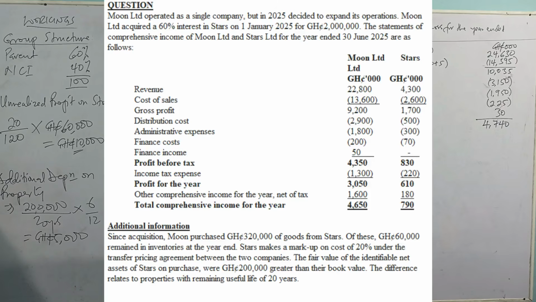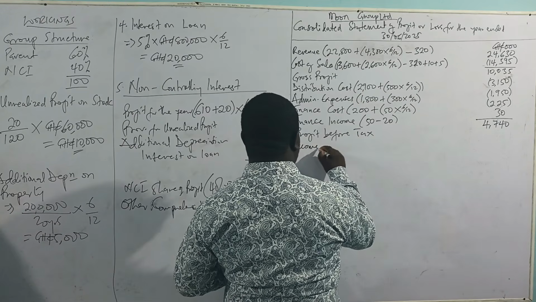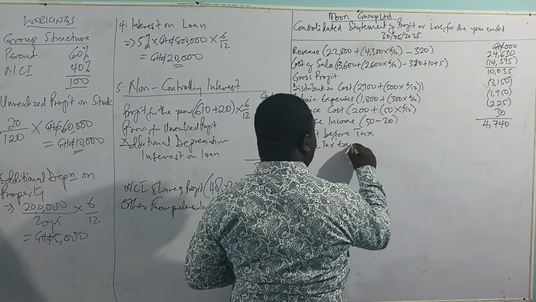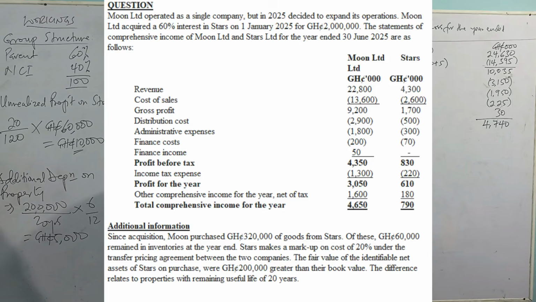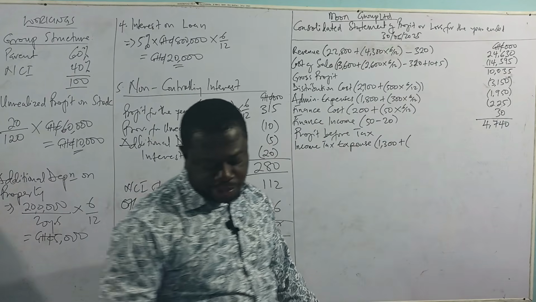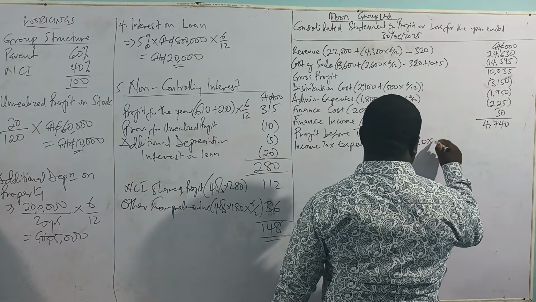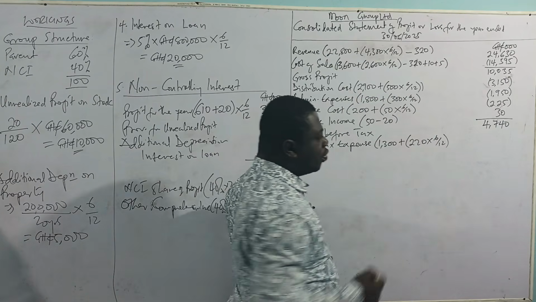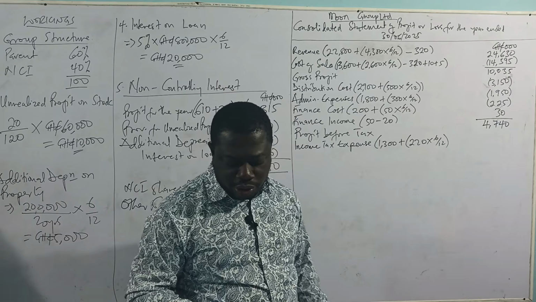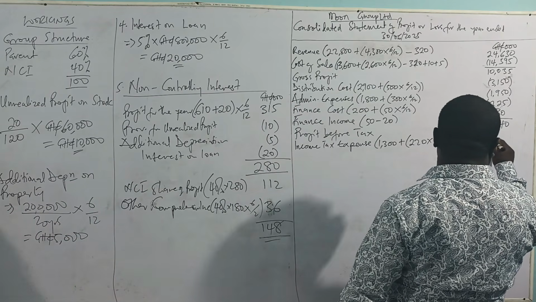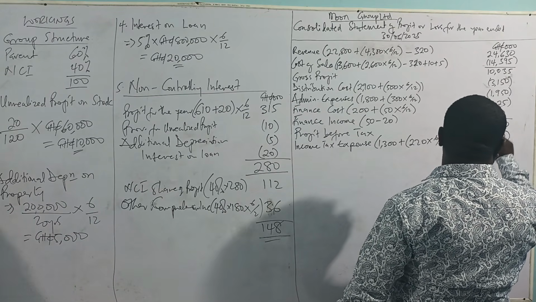And then we continue. From there, we look at the income tax expense and we combine them. The income tax expense of the parent is 1,300. That of the subsidiary will be split into 2, so it will be 220 there times 6/12. And that is going to give us 1,410 in brackets.